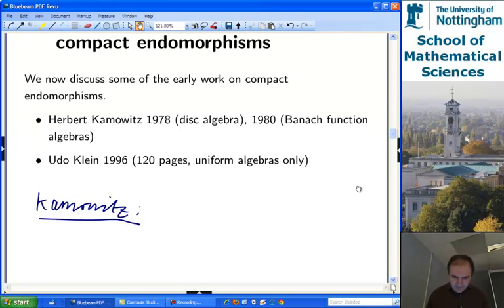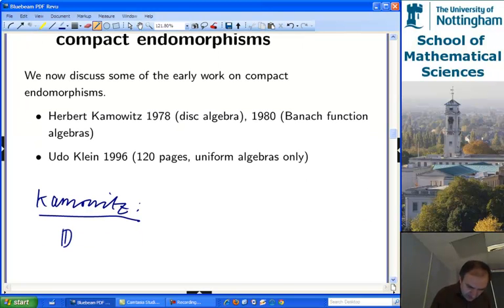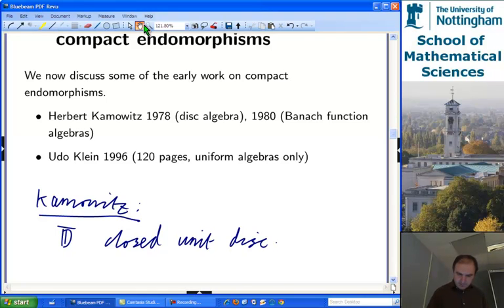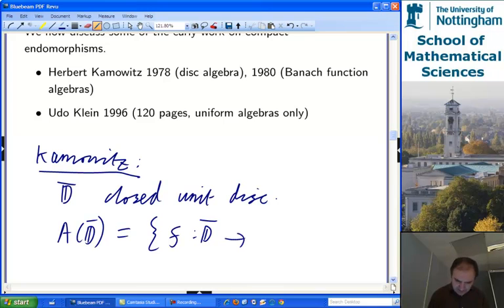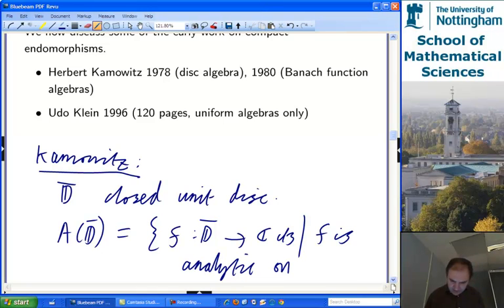So here's the closed unit disk. Here's the disk algebra. That's the continuous functions on the closed unit disk, so that f is analytic on the open disk. In case you haven't guessed, D is the open disk.